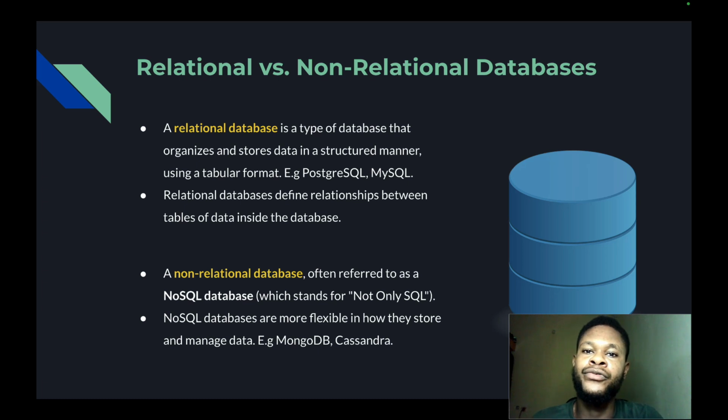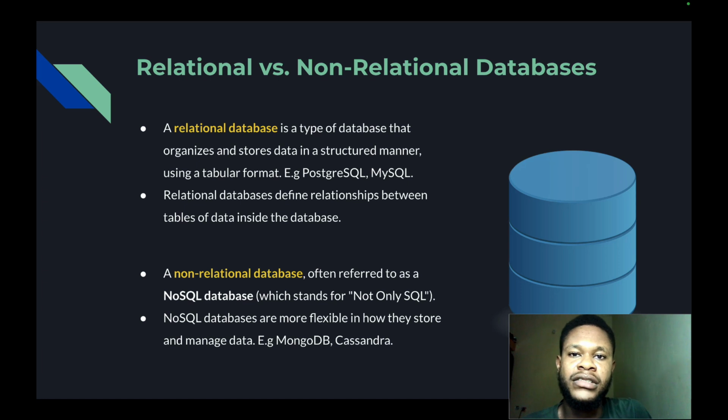Maybe you have some rows, you have some columns, and any data you're storing must fit that pattern, that tabular format. Usually in a relational database, you have something known as relationships, where you can define the relationship between the tables in your data. We'll talk more about this later, but for now let's look at non-relational database.